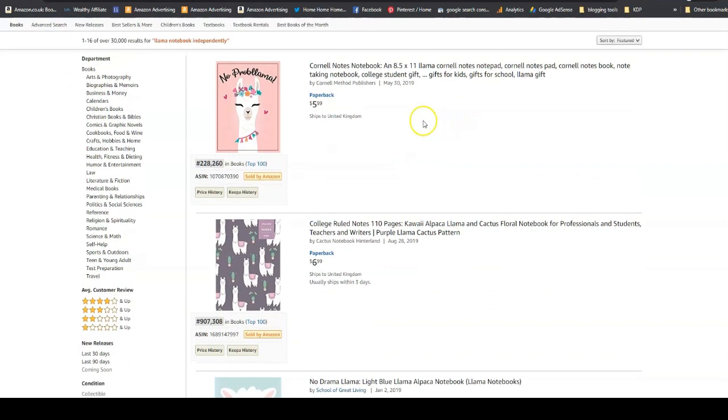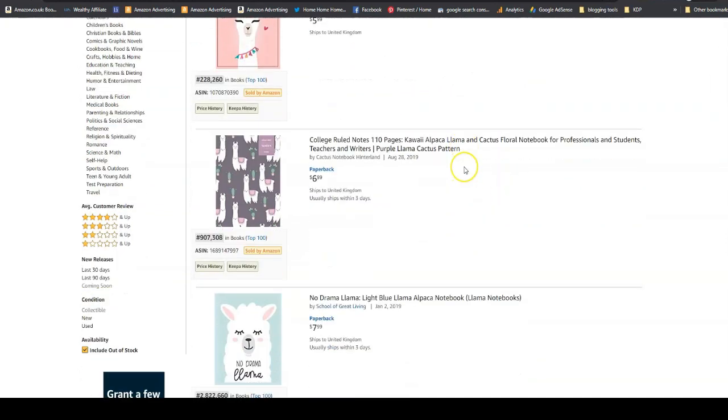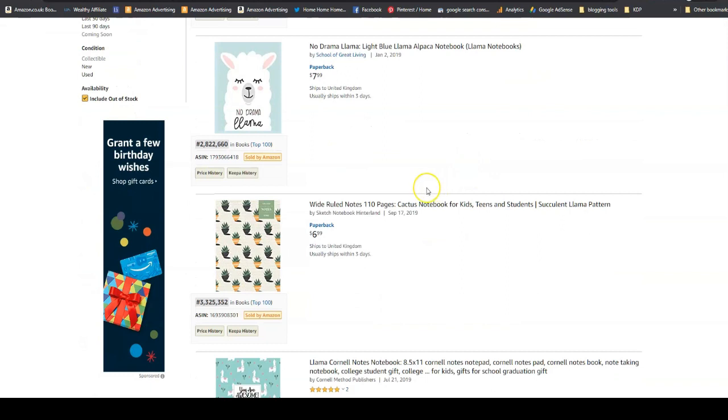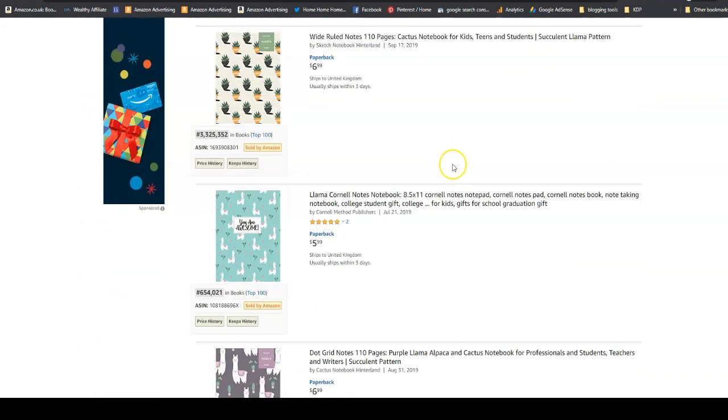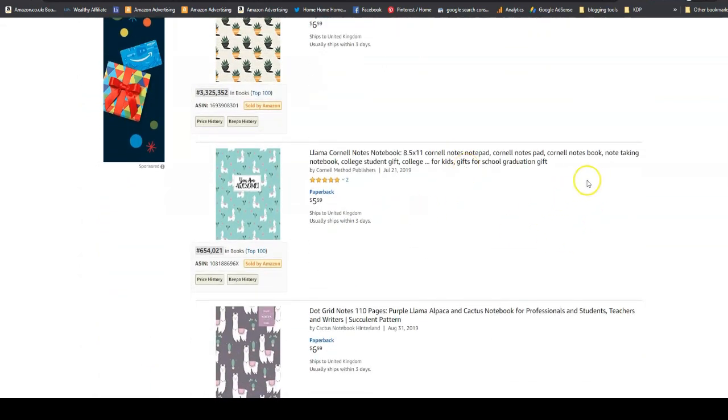So let's have a look if I can find something that I think has been published on Create Space, because they have a lot of keywords in there. I think this looks like something that might have been produced in Create Space. It was published in July. I think this was KDP already.